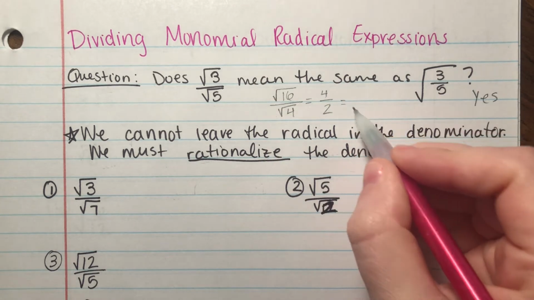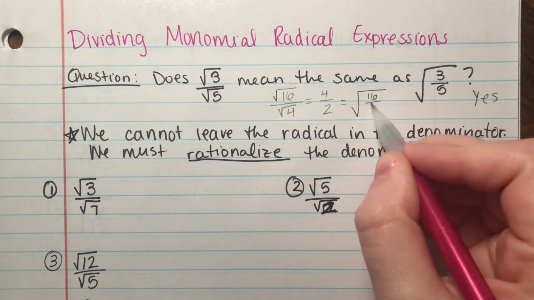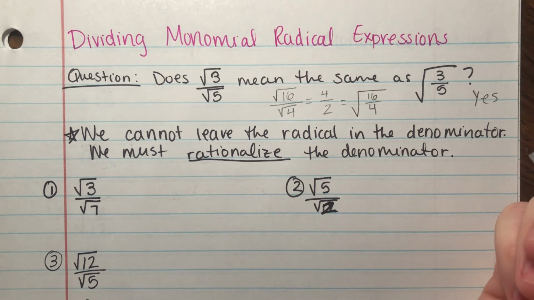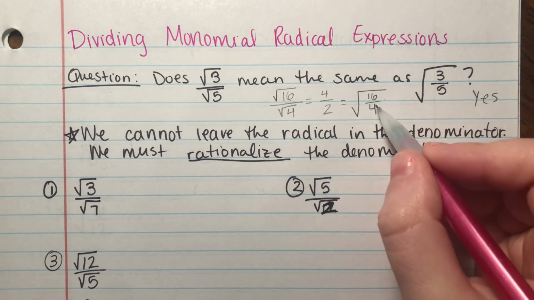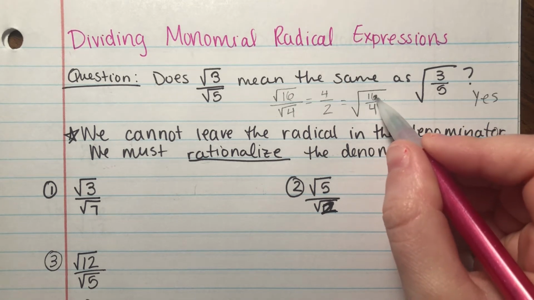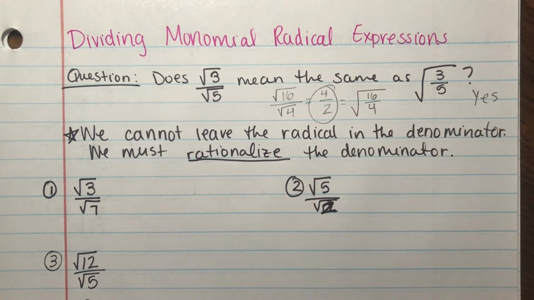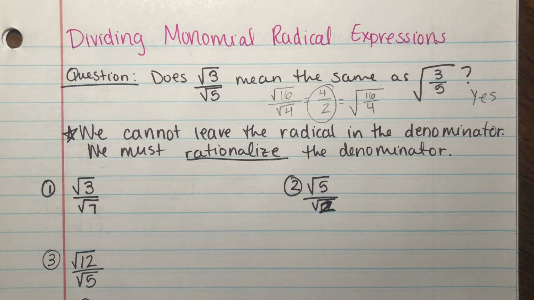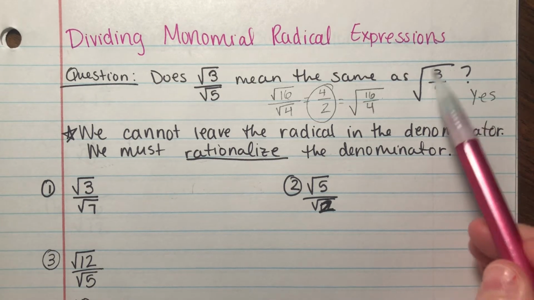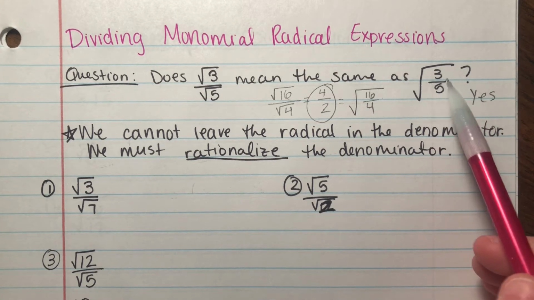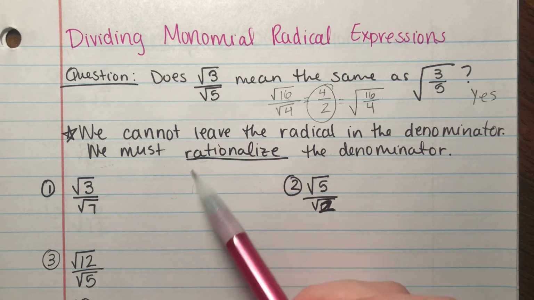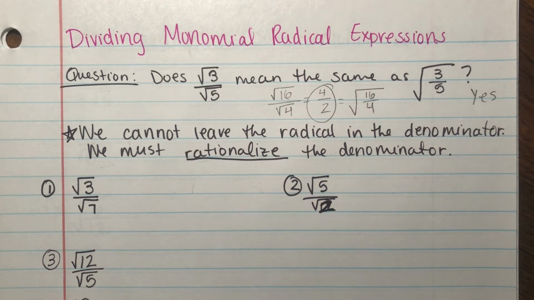Well, we could also say the square root of 16 over 4 is, if we took the square root of 16, we'd get 4. The square root of 4 is 2, so they're the same thing, right? So that's perfectly fine. So usually when we see it in this form, we're going to want to rewrite it using two radicals here.